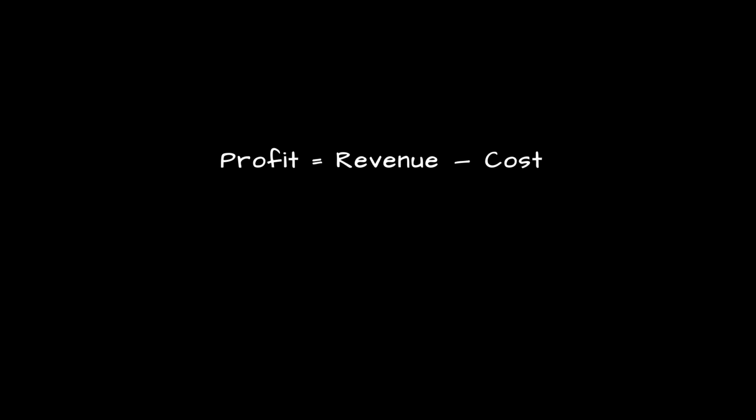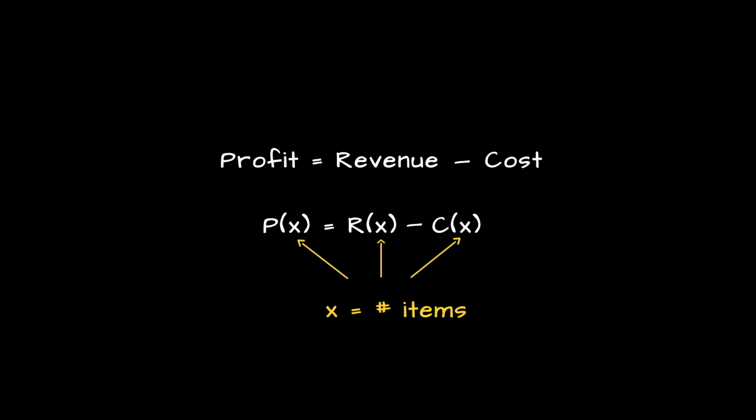And one way this can take on significance in real life is via the classic formula from economics or from business that says that profit equals revenue minus cost. Indeed, if you are the owner of a business, then you might find it helpful to actually model profit, revenue, and costs associated with your business by real-valued functions, p of x, r of x, and c of x, respectively. Here the input x might represent the number of items that your business produces, and the output of these functions would of course be some monetary value.